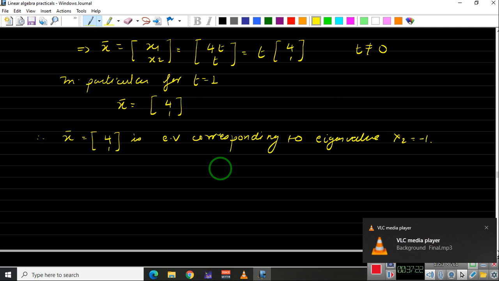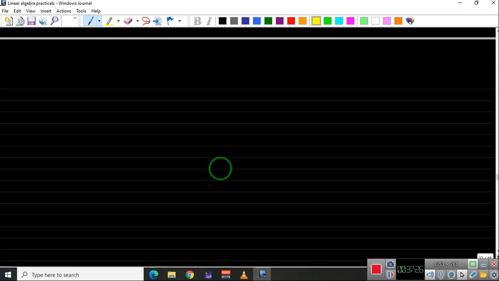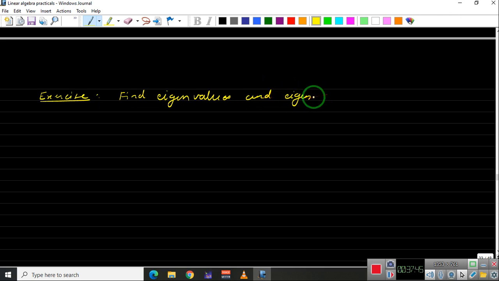So let me give some exercises. Solve this. Exercise: find eigenvalues and eigenvectors of, let me give two problems.